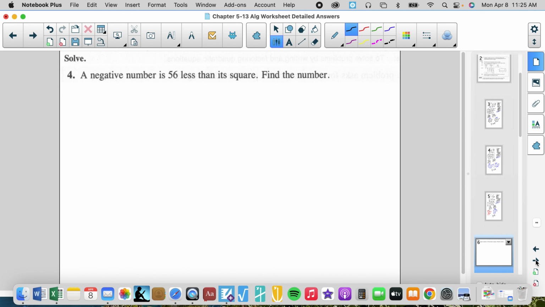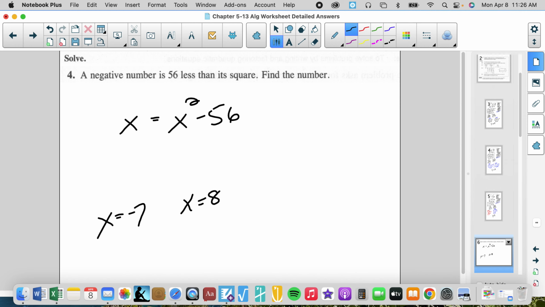A negative number, oh, okay. A negative number, we don't have to write -x, we just know that that value has to be a negative number, is 56 less than its square. Okay, well, we know what we're going to get. So we still get x squared minus 56, and we do the same thing, and we still get x equals -7, x equals 8.